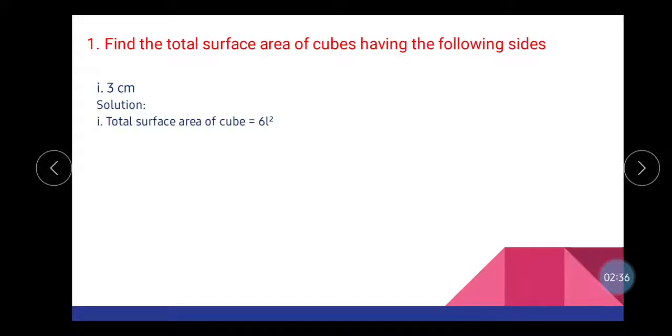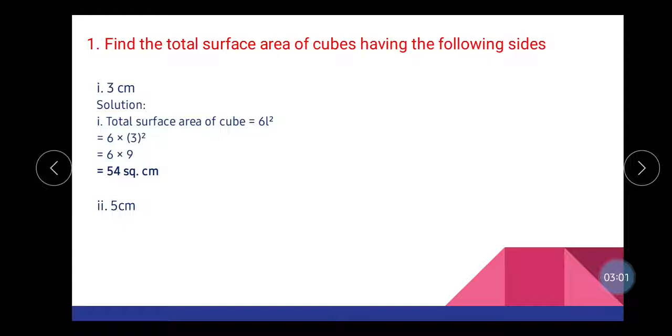Total surface area of cube is equal to 6L square. We'll substitute the values. That is equal to 6 into 3 the whole square. 3 3s are 9. So 6 into 9 we get 54 square meter. Therefore, total surface area of this cube is 54 square centimeter.